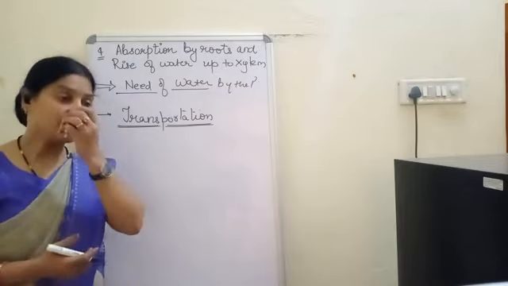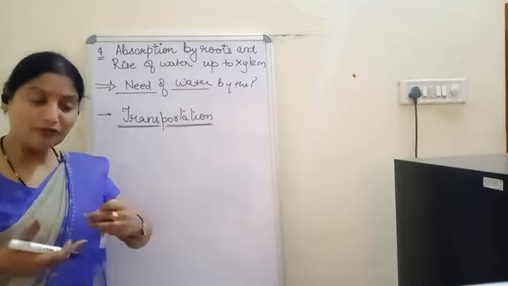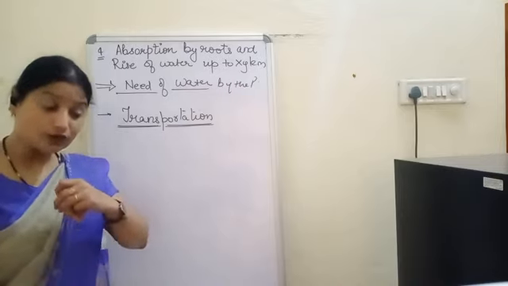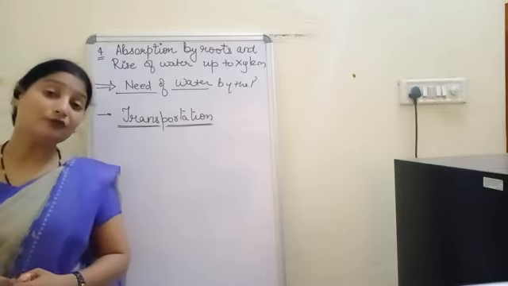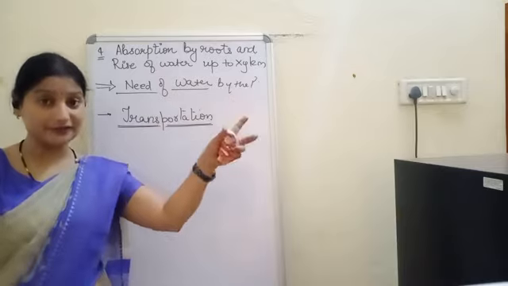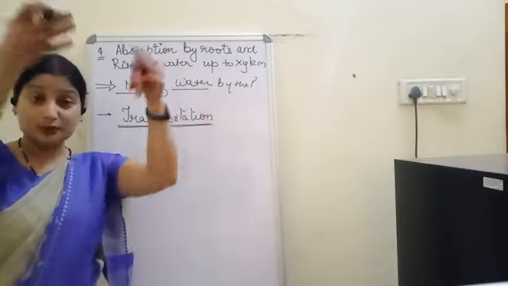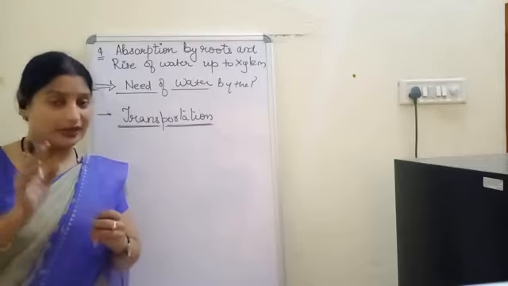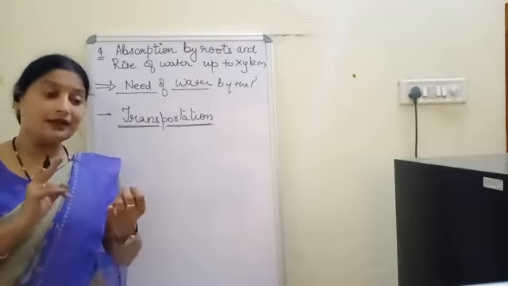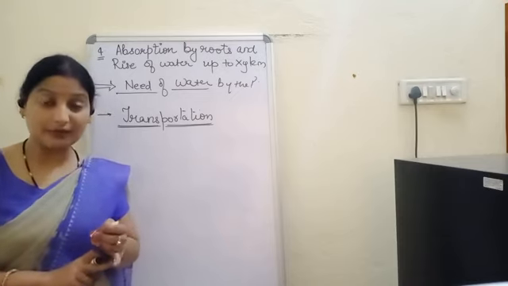The water, minerals and ions move from root to the tip of the plant. And the food which is prepared in the leaves also travels from top to the bottom, in all directions. So it is clear that there is a transportation of mineral, food, chemicals.